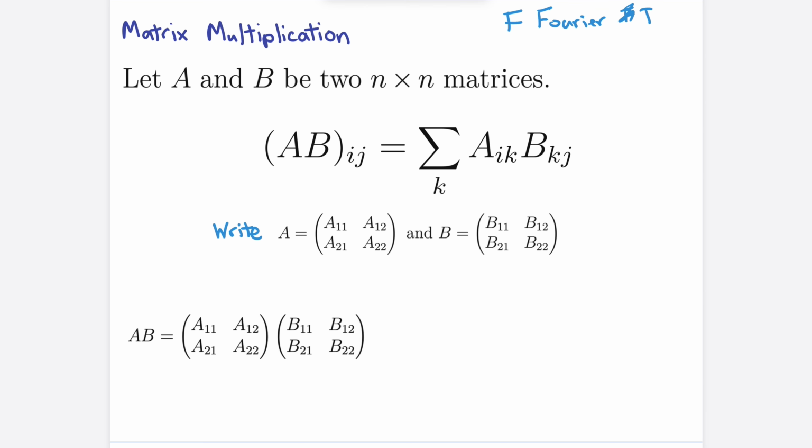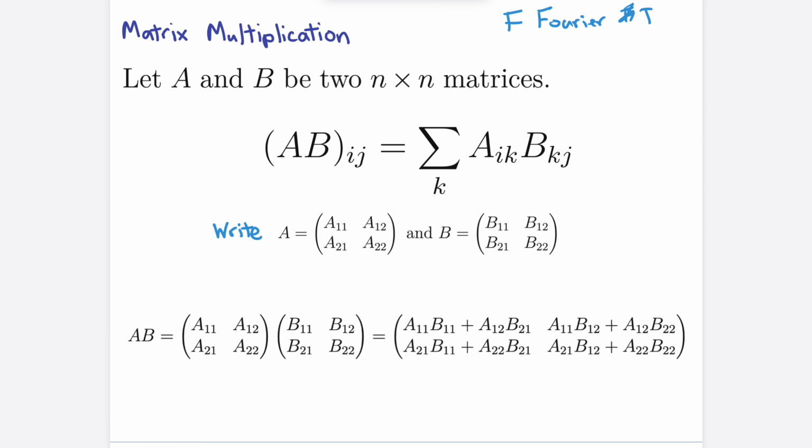If it's n by n, then each of these submatrices is n over 2 by n over 2, just small squares of this bigger square matrix. And if I multiply these things together, you end up doing the same kind of row and column stuff on the block matrices. So it would come out to something like this.